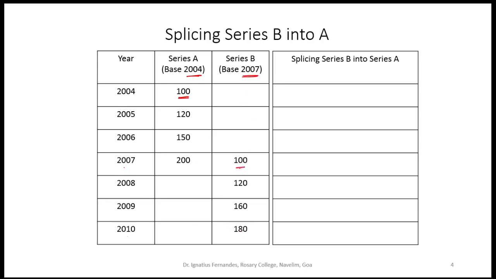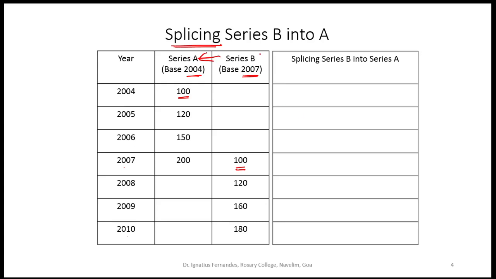So for 2007 it is 100. Now if I want to convert series B into A, and this converting is called splicing, so we say we want to splice B into A. So what do I have to do?